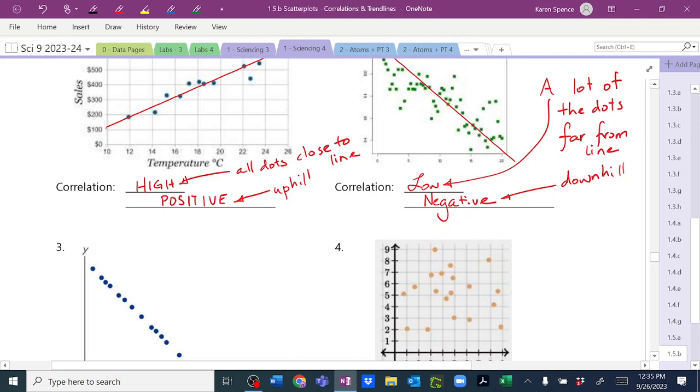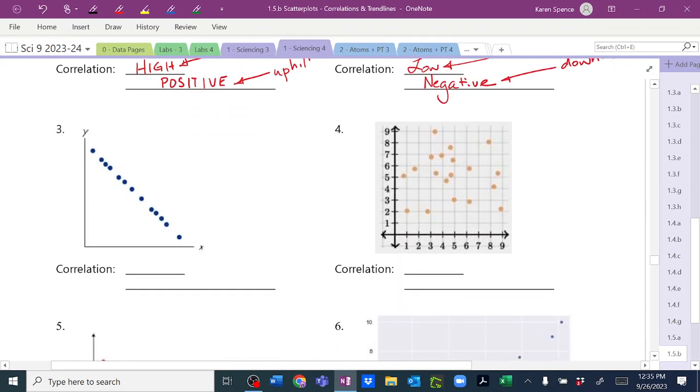All right, let's take a look at number 3. It is perfect. And it is negative. What does it mean when we say that it is perfect?